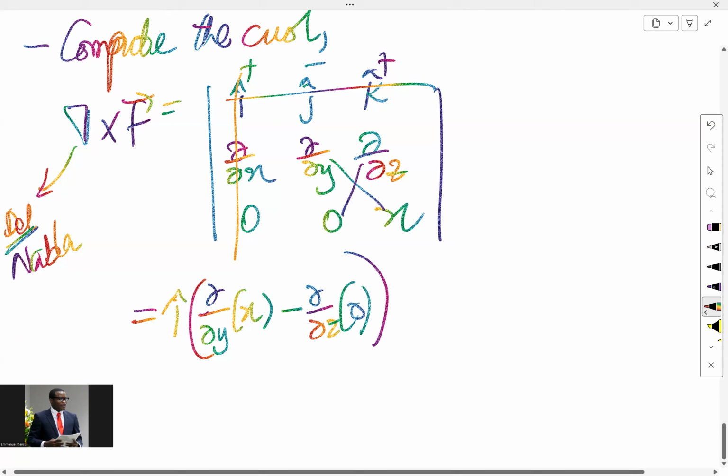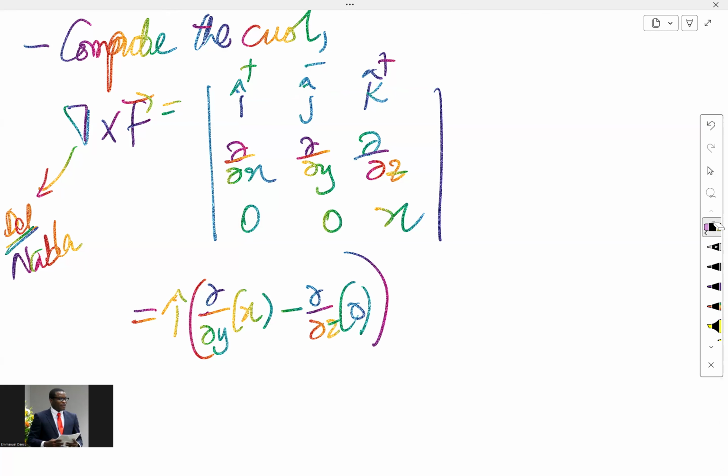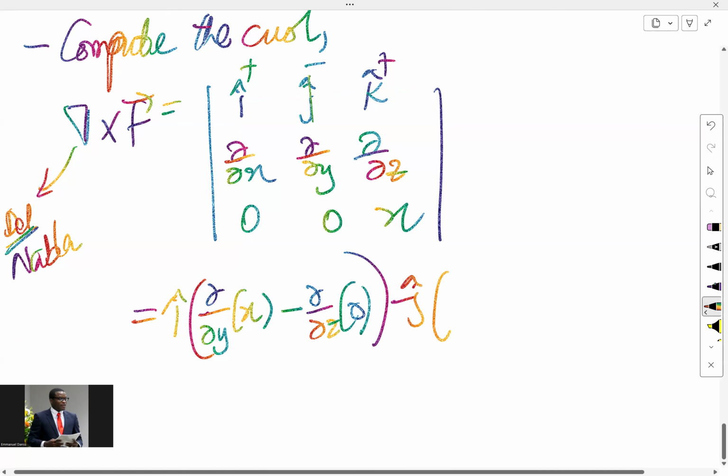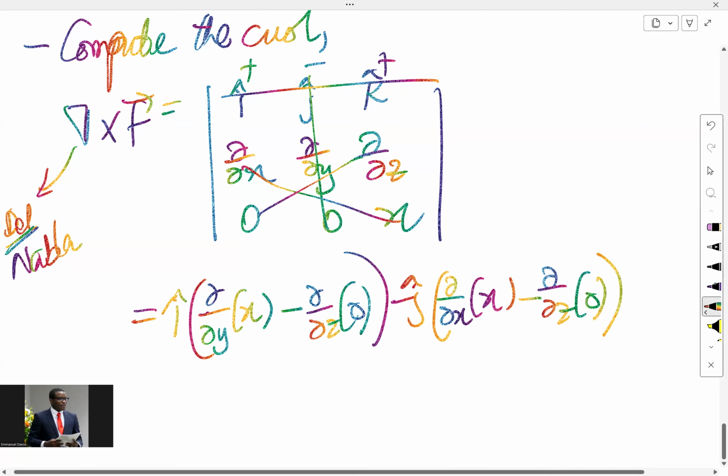Then next we have minus j, cross the column, cross the row. So we have d dx of x minus d dz of 0, and that goes.